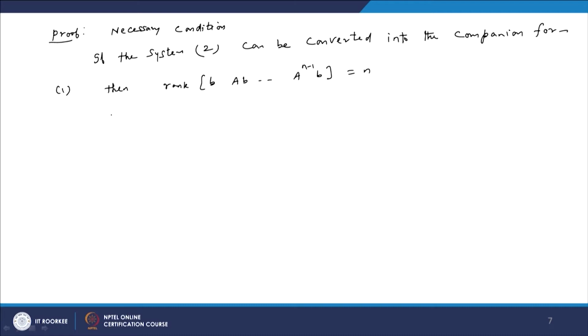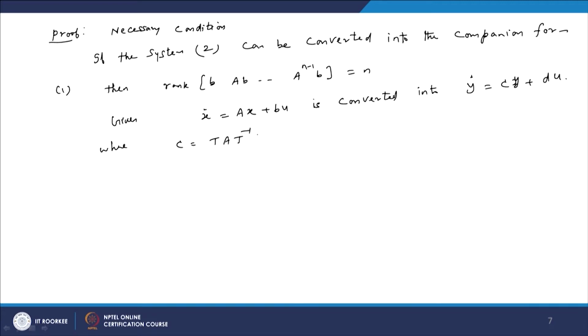So, it is given that x dot equal to Ax plus Bu is converted into y dot equal to Cy plus Du, where C is TAT inverse and D is T into B. So, this is given to us. Now, we have to prove that the rank of this matrix is n.